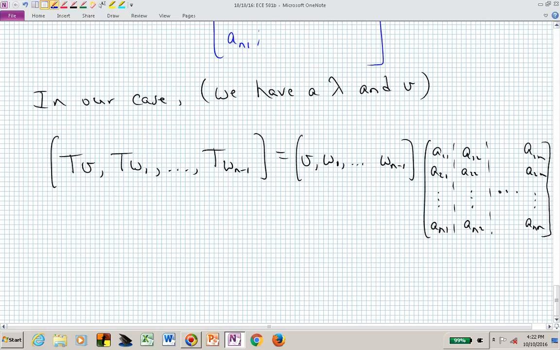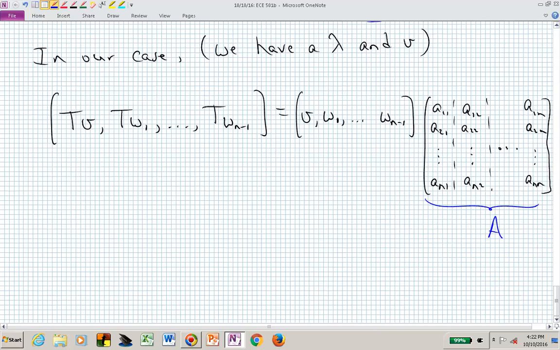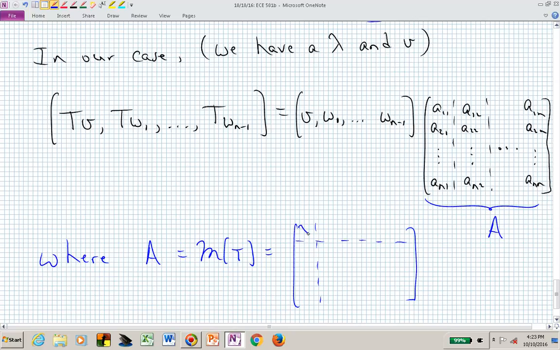And if this is our particular A, then if v is an eigenvector, our particular A has a much more specialized first column. If v is an eigenvector and it has an eigenvalue lambda, what do we know has to be true for the A matrix? Tv is lambda v.